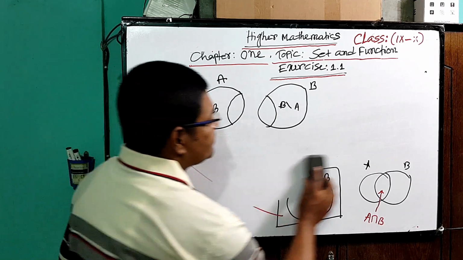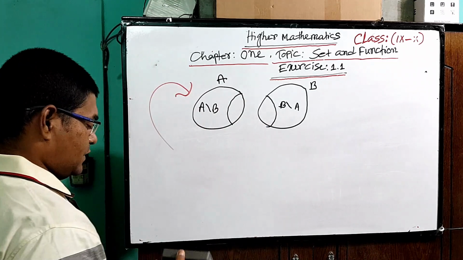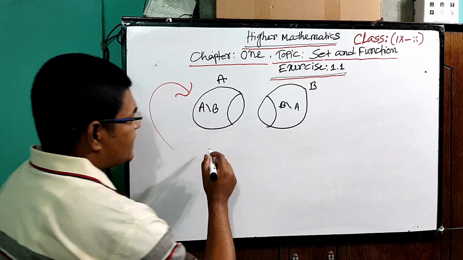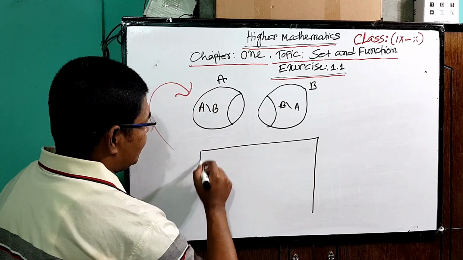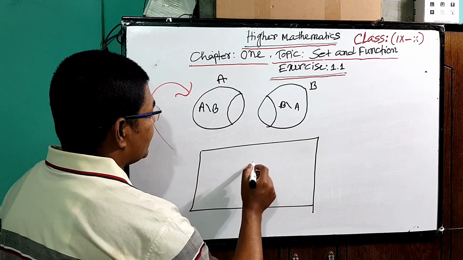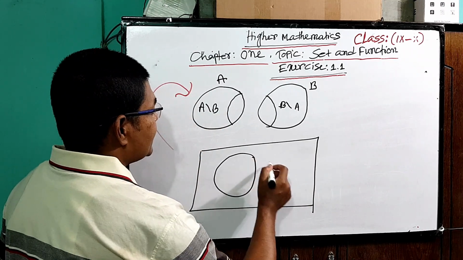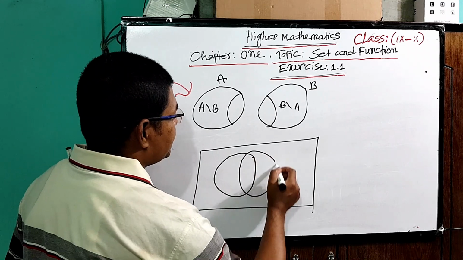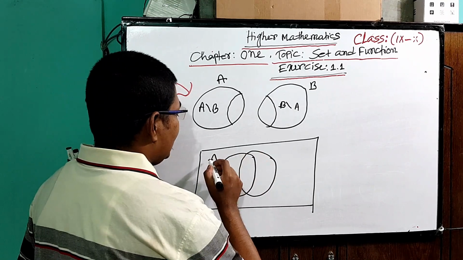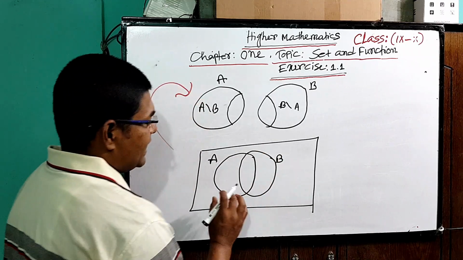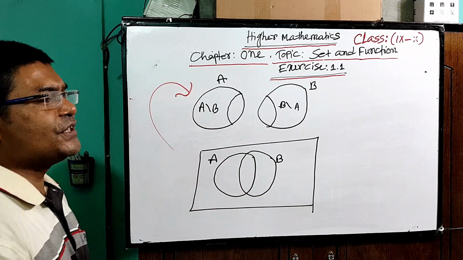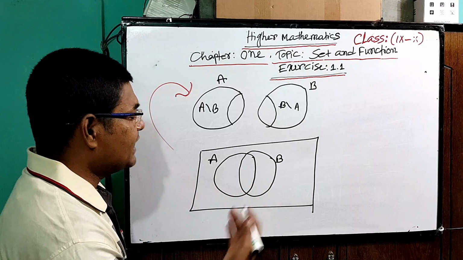So if we see the diagram, here is A, here is B. A and B are disjoint.